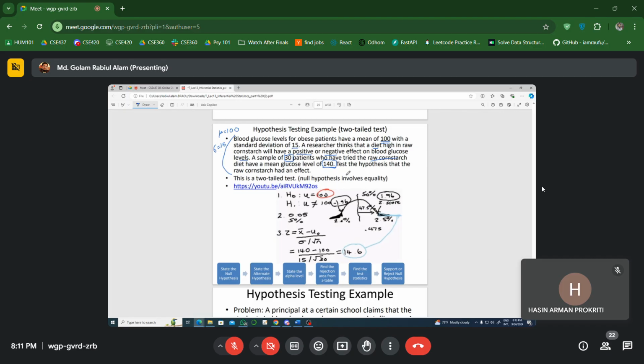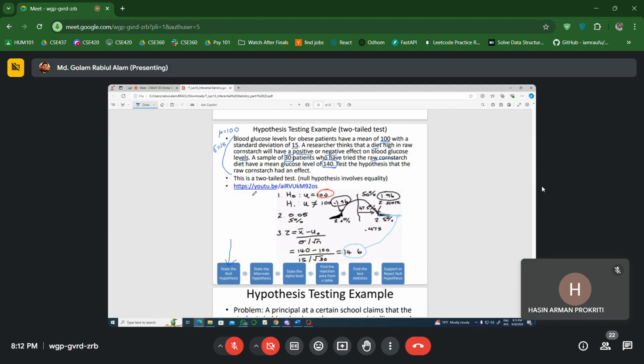In our previous lecture, we discussed two types of hypothesis. One is called the null hypothesis and another is called the alternate hypothesis. The null hypothesis is the common belief, and the alternate hypothesis is what we want to prove, the alternate thought of the researcher. So at first we have to state the null hypothesis.